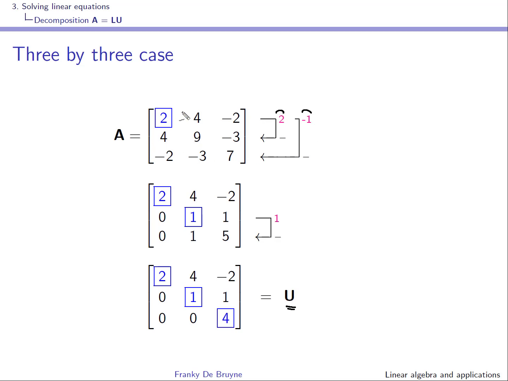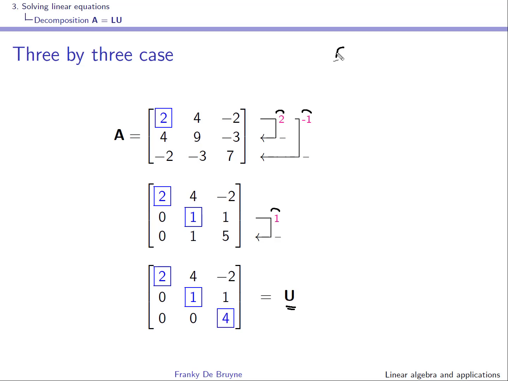You do these two operations and you end up with this intermediate matrix. You have now a new pivot, and we construct a zero below the pivot using this multiplier over here. It's the entry divided by the pivot, and you end up with this upper triangular form.